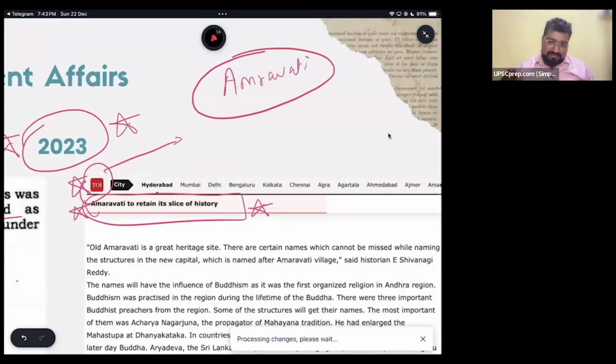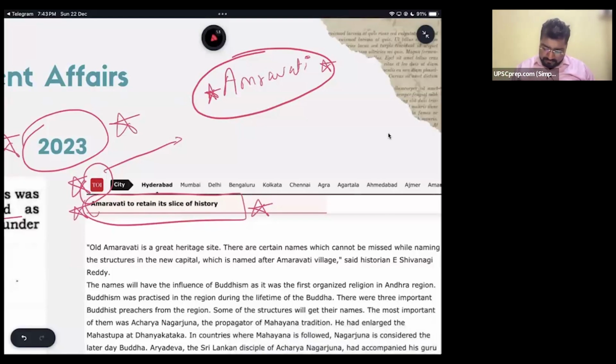You're fortunate that there is ChatGPT right now, so you can directly Google it, or you can ask ChatGPT to give a basic idea about that location, that historical personality, or any architecture or temple complex, whatever it might be in the news, right?